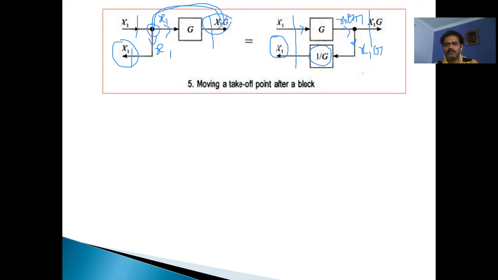But in case of a takeoff point, block 1 by G is added. Okay, you may get confused here, so try to remember: while moving a summing point, a block G is added; while moving a takeoff point, a block 1 by G is added.